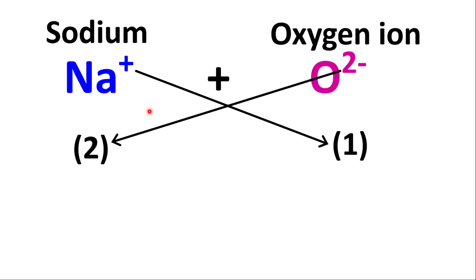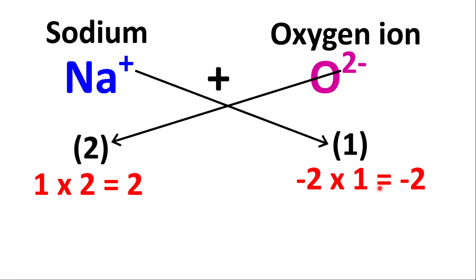So if we express this mathematically, the positive 1 multiplied by 2 equals 2. On this side, the negative 2 multiplied by 1 equals negative 2.